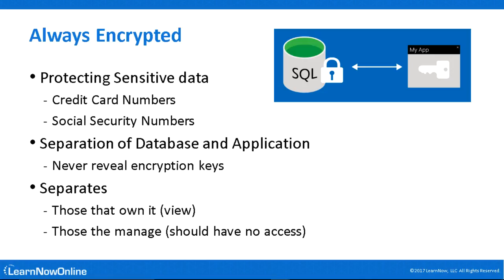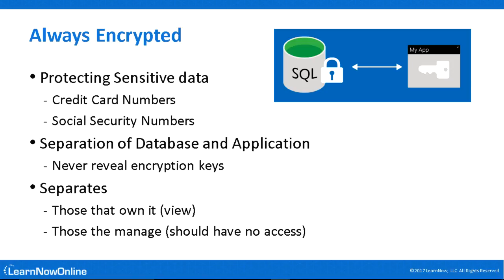By ensuring the on-premise DBAs, cloud administration, or any other highly privileged individual can only authorize users but cannot access the encrypted data. This is a great separation of the use of an application versus managing the system.